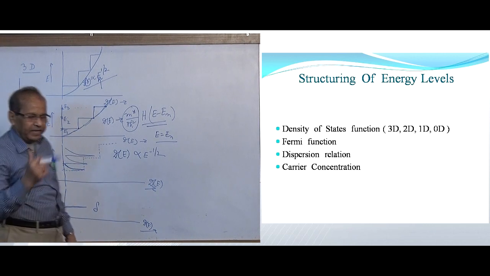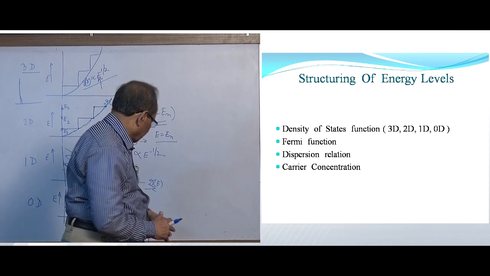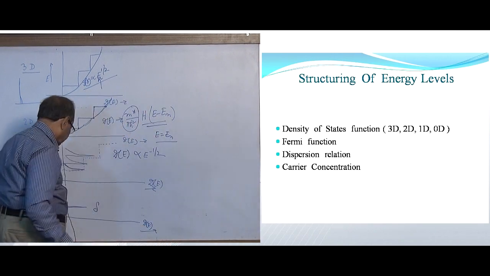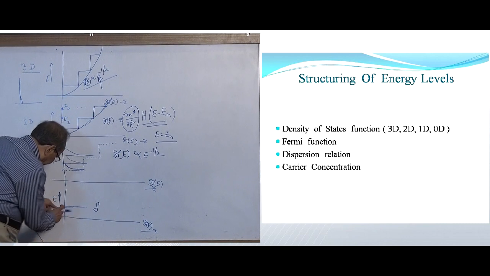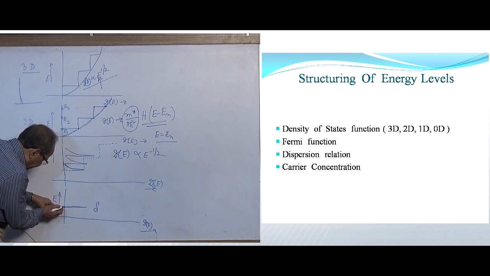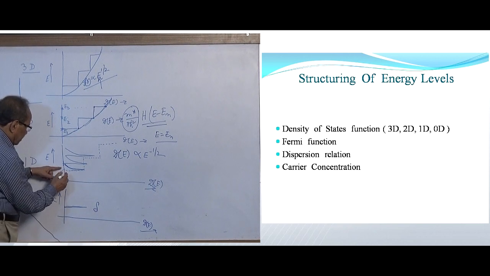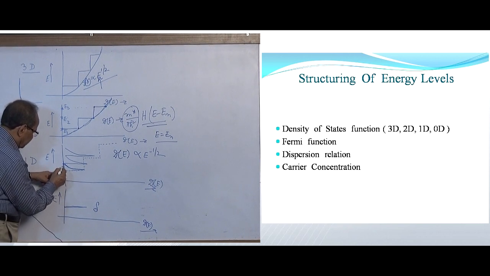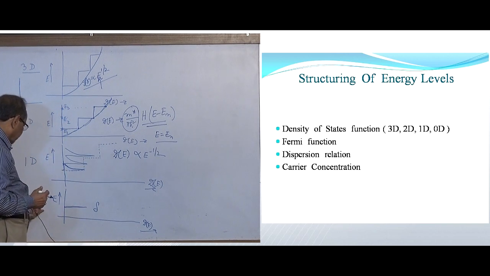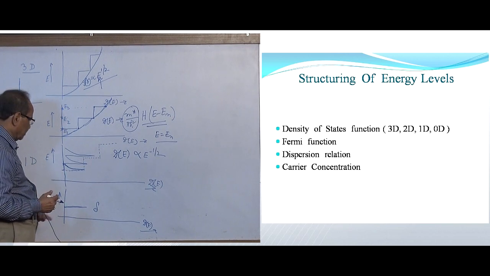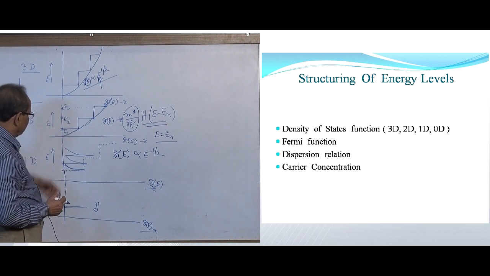You cannot find any electron there, because no states are there. So you cannot expect any electron from here to here. If you shift the energy a little bit from here, an electron cannot be there. But here you see that yes, an electron may be there within this range. So this is the characteristic feature of the 0 dimension, different from 1 dimension, and again the difference from 1D to 2D and so on.